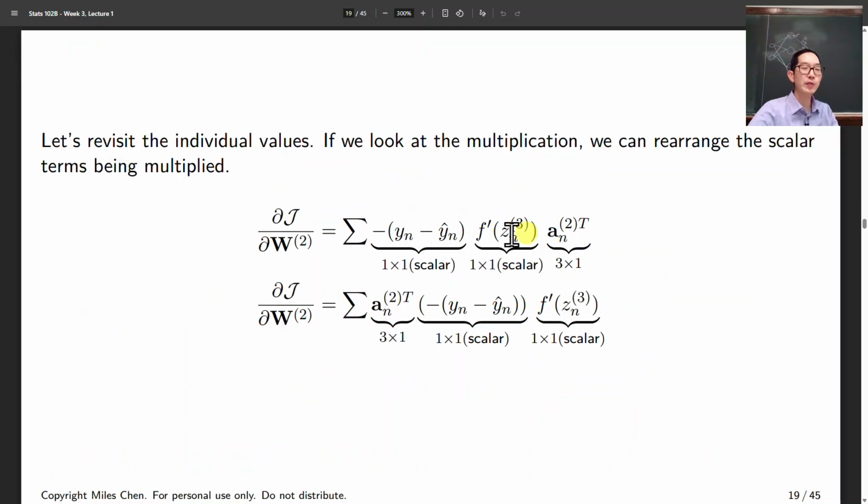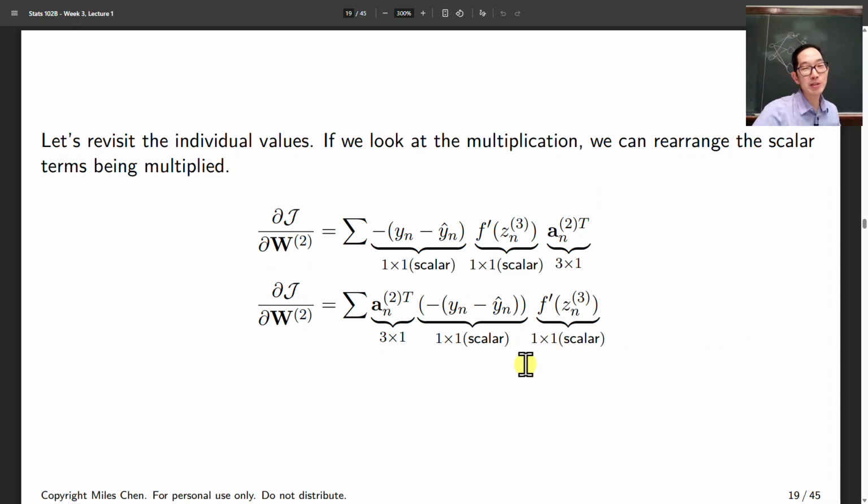If we just focus on one value, this is a scalar value, this is a scalar value, and this is a 3 by 1. In this case, I can just rearrange my terms. I can take this 3 by 1, bring it up front, and multiply it by a scalar, and I would still have a 3 by 1 times a 1 by 1. I haven't really changed anything here, okay?